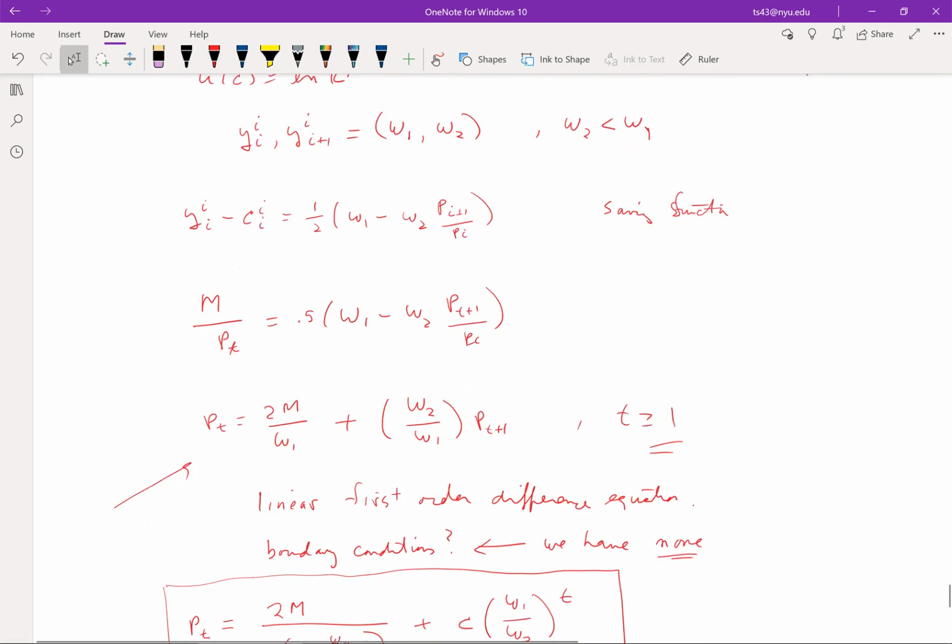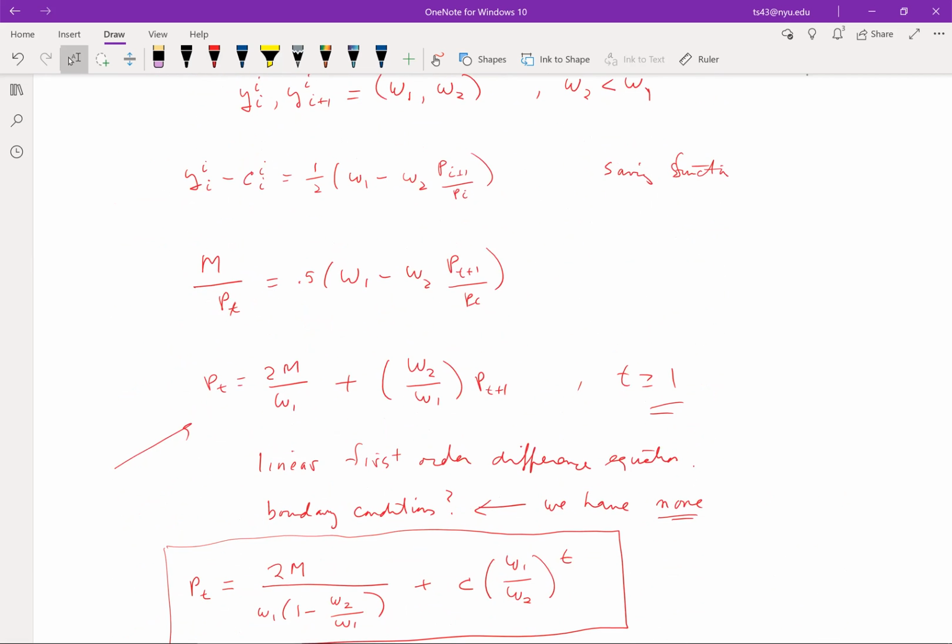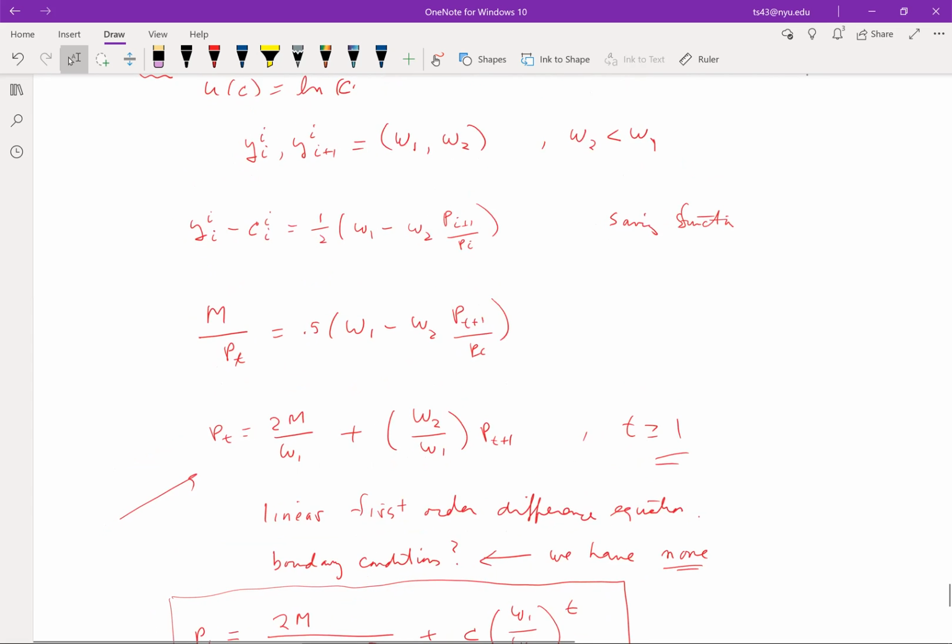Let's go get the allocation. I'm going to solve for c_t^t from this equation. And then the second equation, what's my second equation?